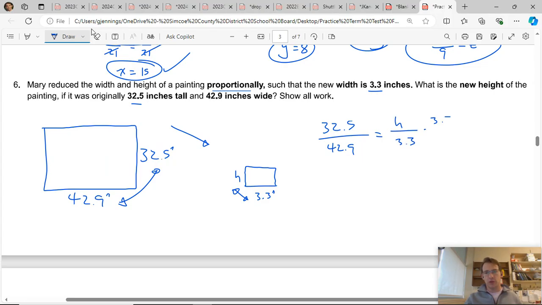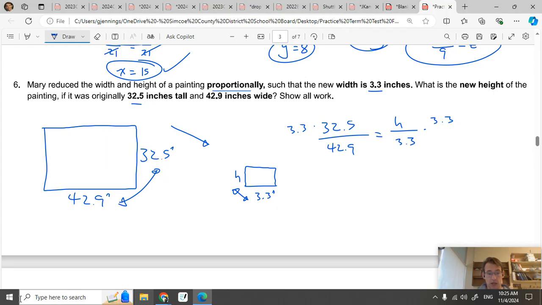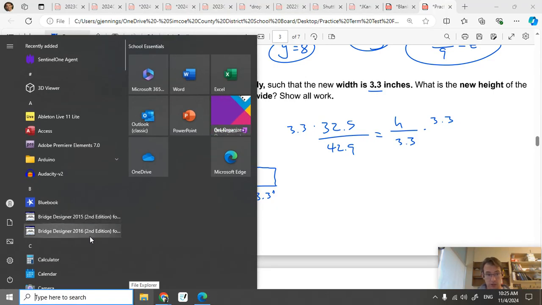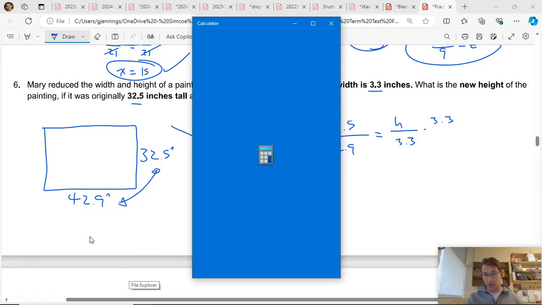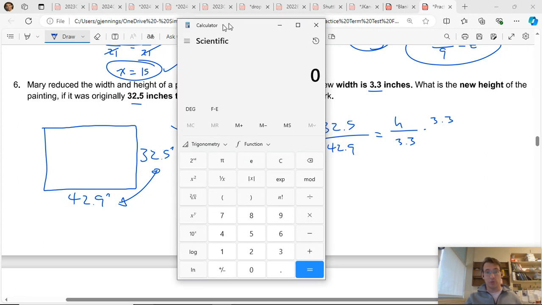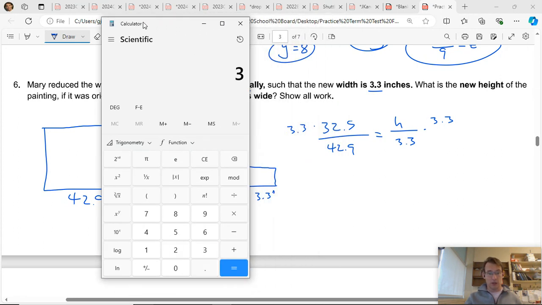Multiply both sides by 3.3. Okay, and that's a calculator question if I ever did see one. I won't be giving you that many calculator questions on the actual test, so if you're here and you're checking in, you can do a little scouting report and say, Jennings says we're not going to see questions like this on the test, because he wants us to avoid calculator use on the test.